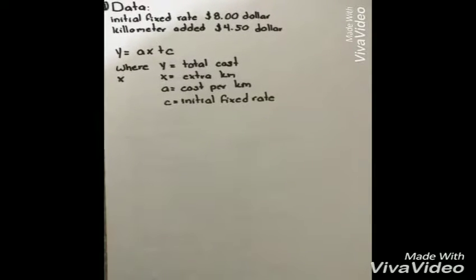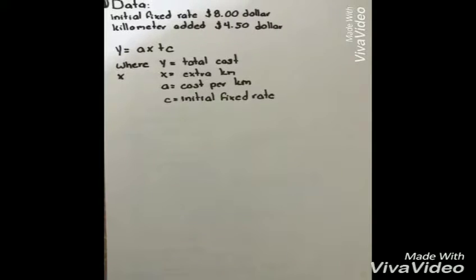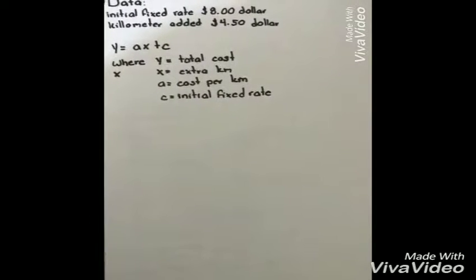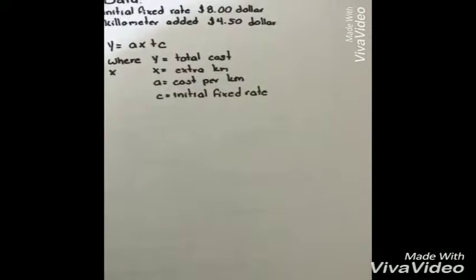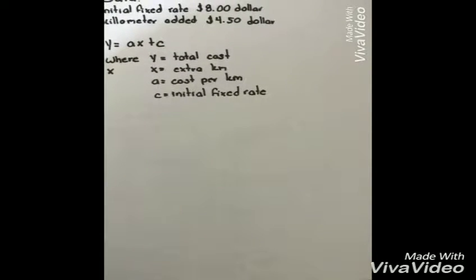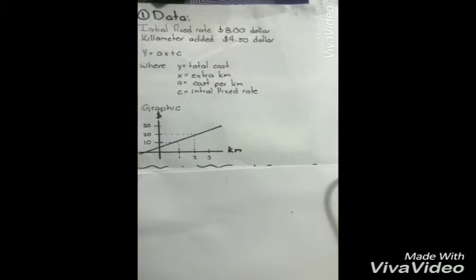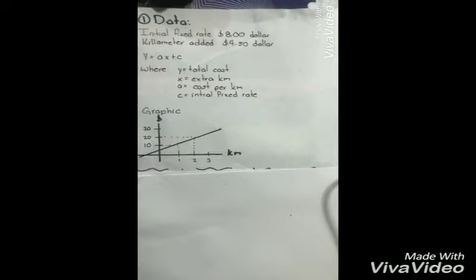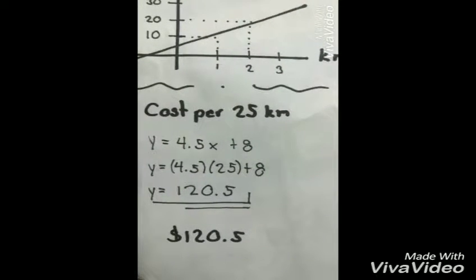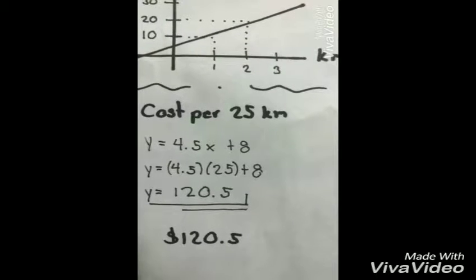Y is equal to ax plus c, where y is equal to the total cost, x is equal to the extra kilometers, a is equal to the cost per kilometer, and c is the initial fixed rate. Now we graph it.